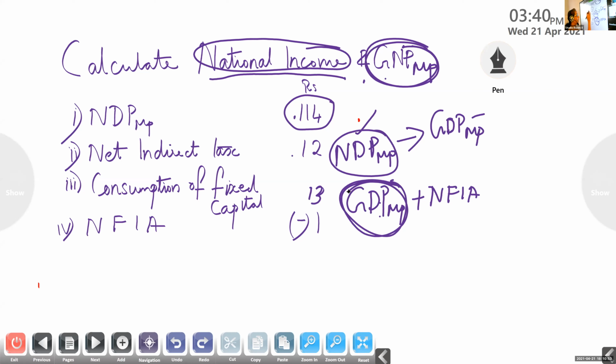To come to GDP MP, if we add depreciation or consumption of fixed capital to this NDP MP, we will get GDP MP. So find out how much it is.